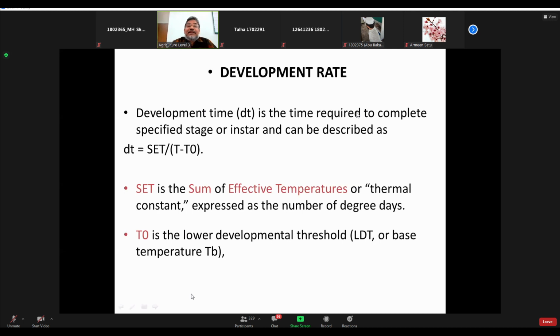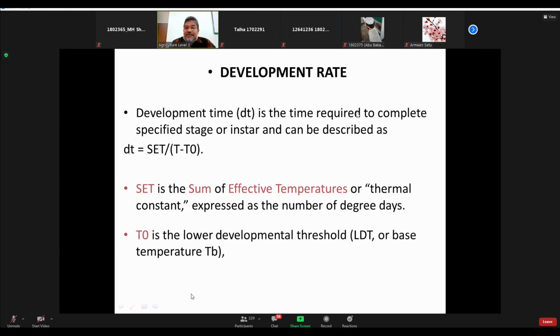If we know the developmental rate, we can calculate the developmental time. What is developmental time? The time required to complete a specific stage or the total life. Insects have different instars.